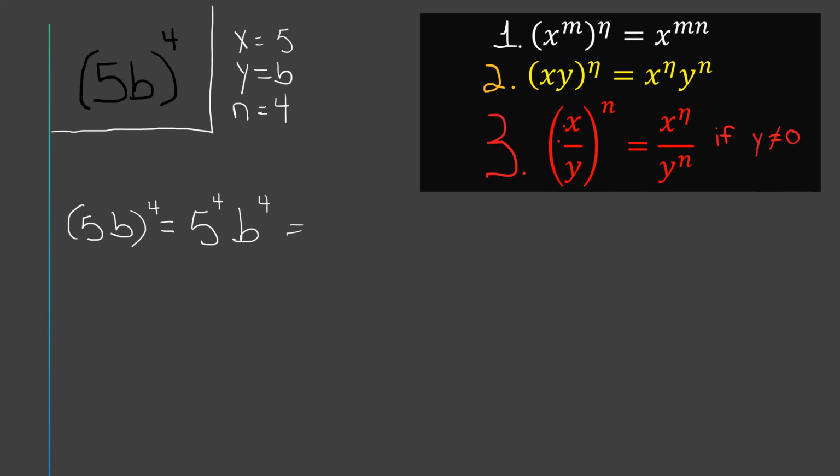Okay. So we can evaluate 5 to the 4th even further, because 5 to the fourth gives you 625. We can't do anything with b to the fourth, so we're going to leave that like that.